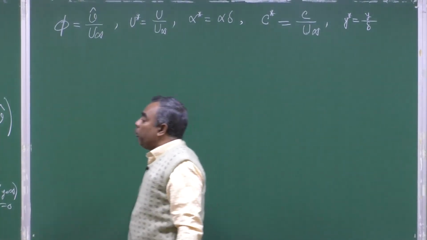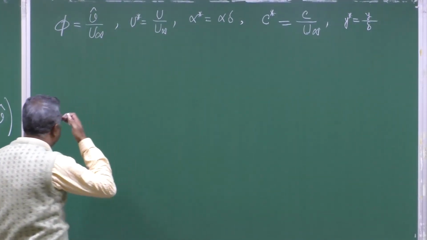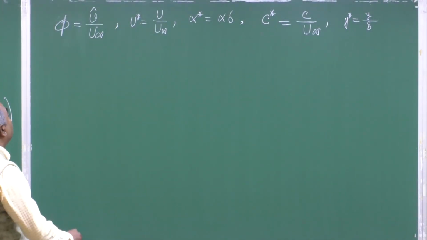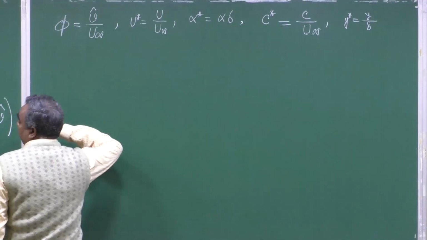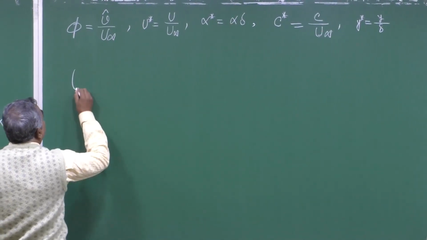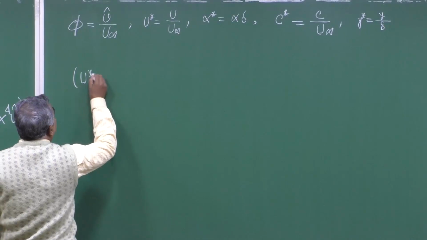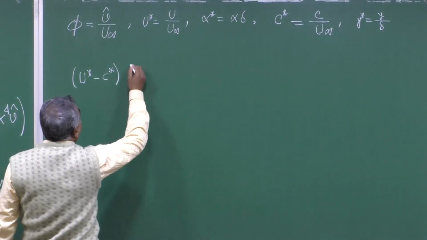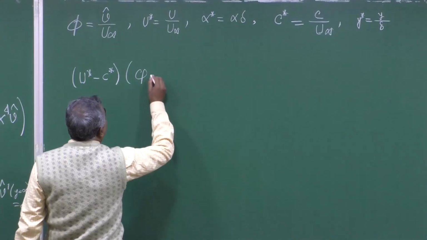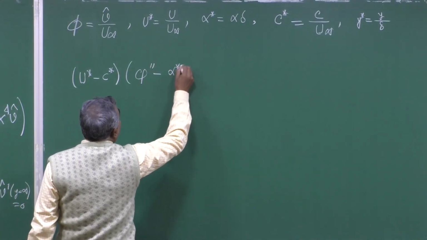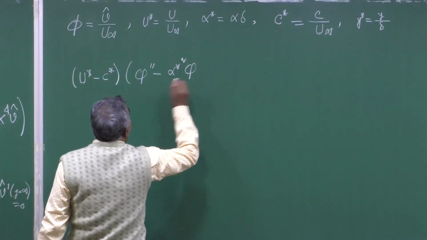With these scales, if you non-dimensionalize this Orr-Sommerfeld equation, we will be able to write this equation as u star minus C star, then phi double prime minus alpha star square phi.